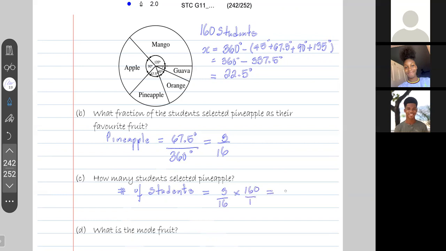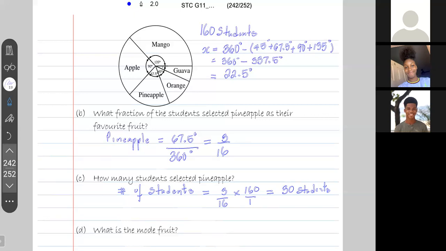And so that is 30 students out of the 160 students.